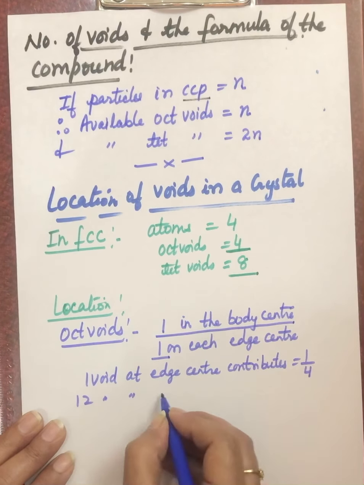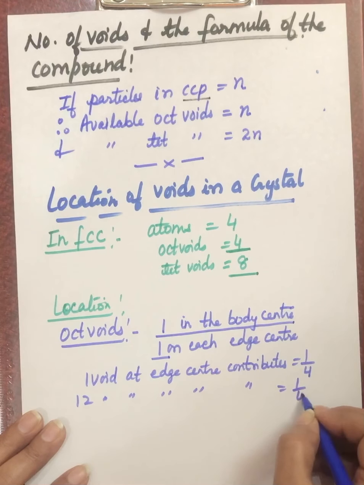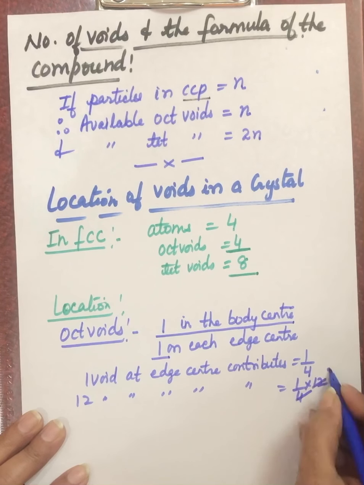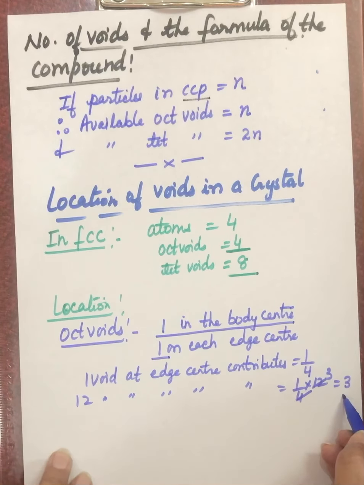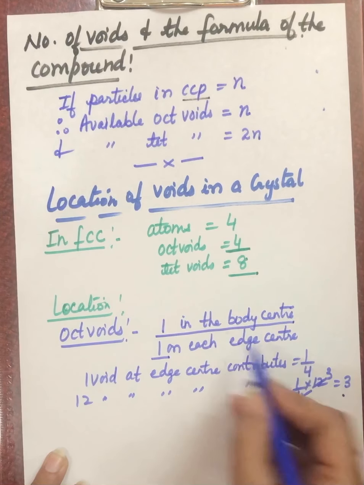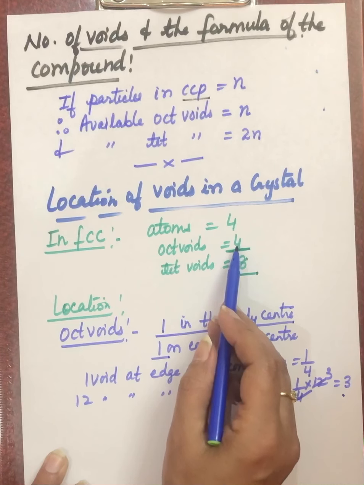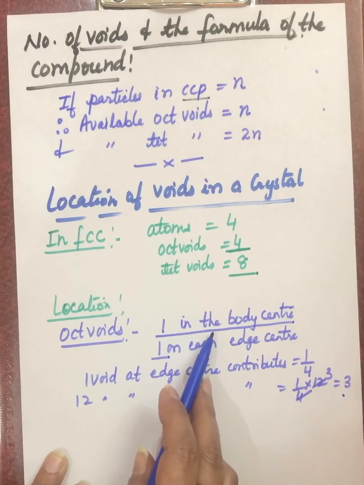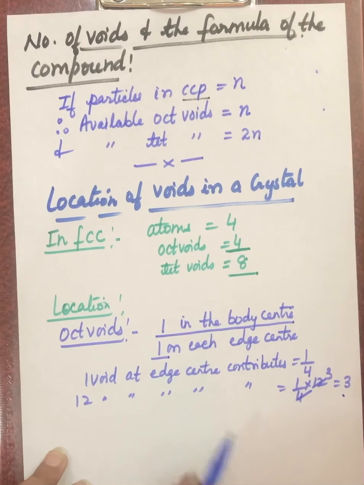And 12 edges are there. So 12 voids at edge centers contribute how much? 1/4 into 12, 3. So 1 at body center, 3 at the edge centers. Total how many octahedral voids are there? 4 are there. So their location is 1 at the body center and 1 on each edge center.